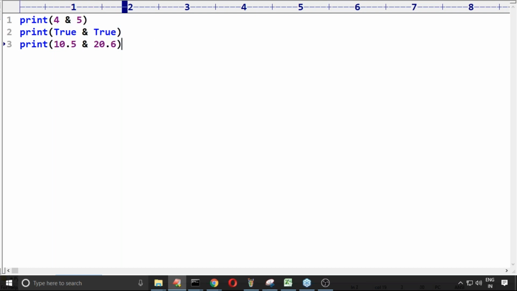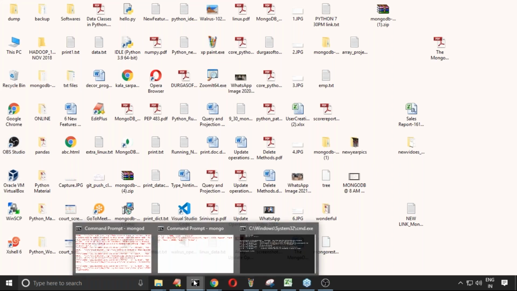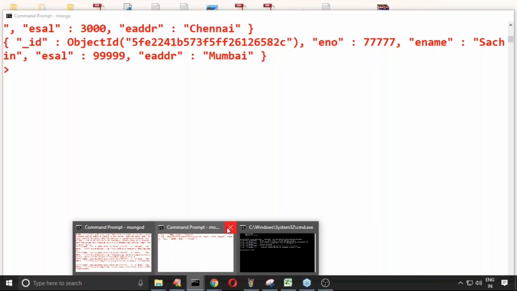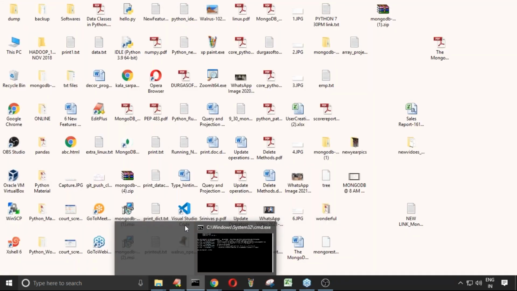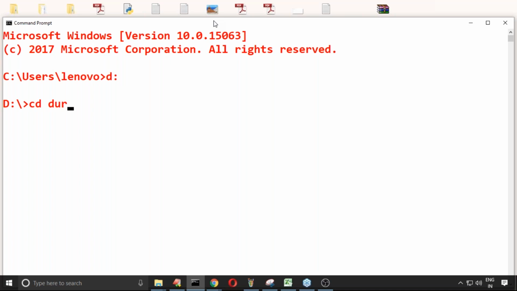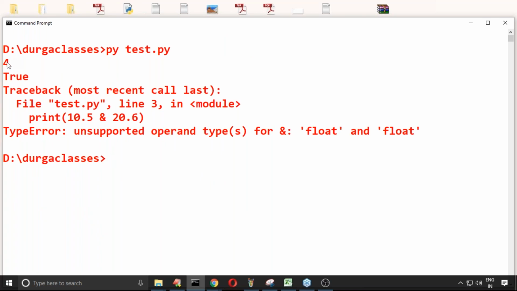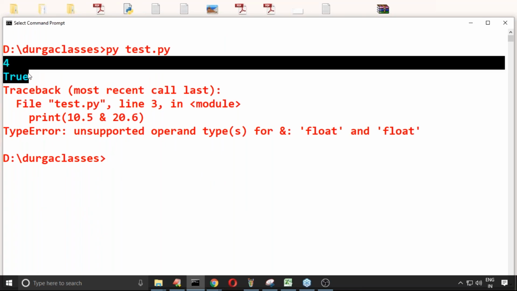Forget about the output. In the first and second cases, don't worry about the output, but in the case of float we are going to get the error. Observe this carefully.